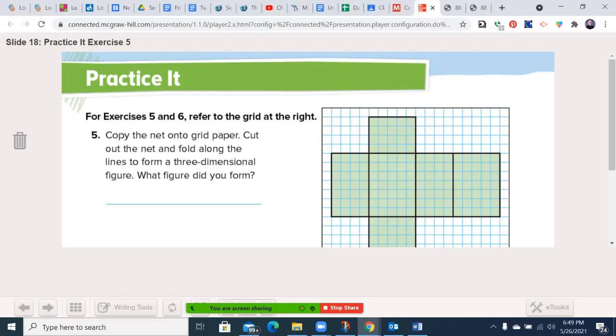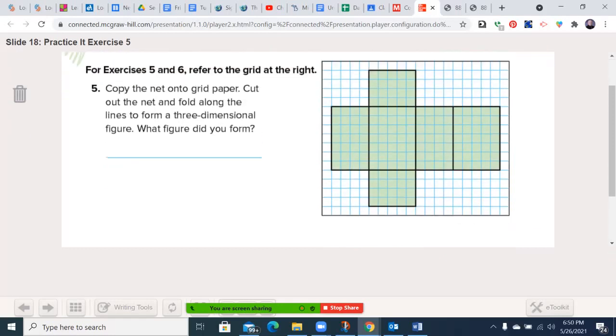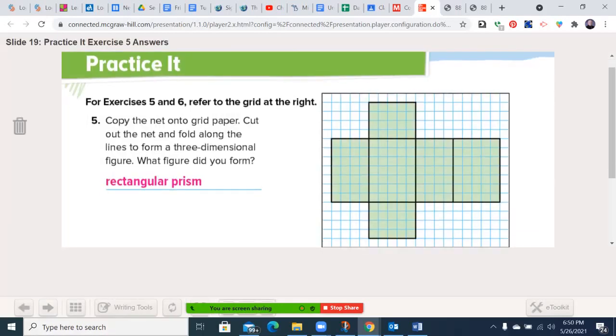I'm going to go ahead and do this one for practice, and then we'll answer it, and then we'll move on. So go ahead and pause the video, and let's see how you did. Welcome back. Let's see how you did in number 5. What figure? A rectangular prism.